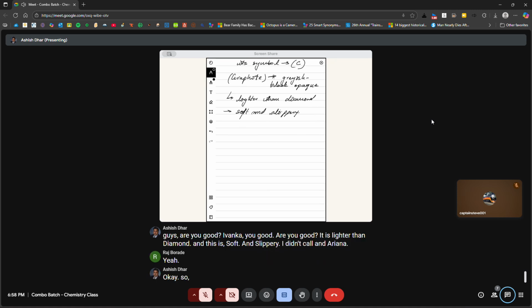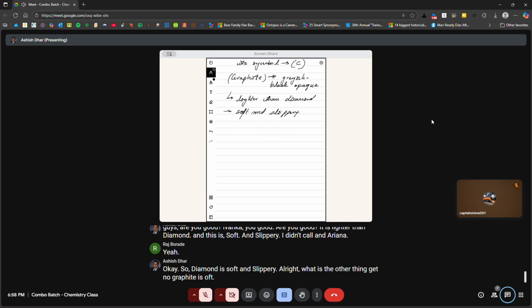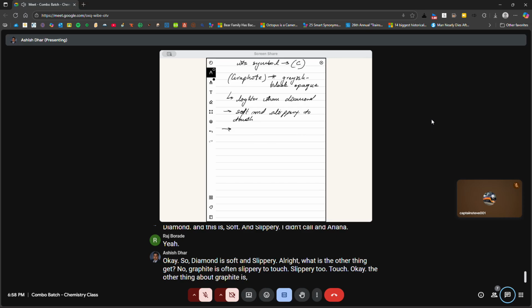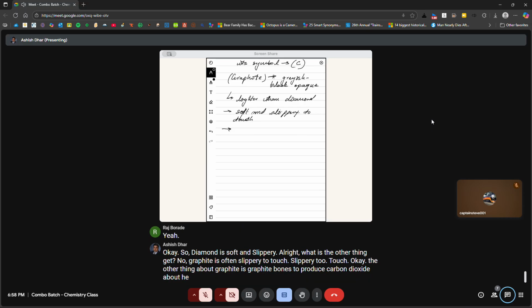Okay. So graphite is soft and slippery to touch. The other thing about graphite is that it burns to produce carbon dioxide upon heating.